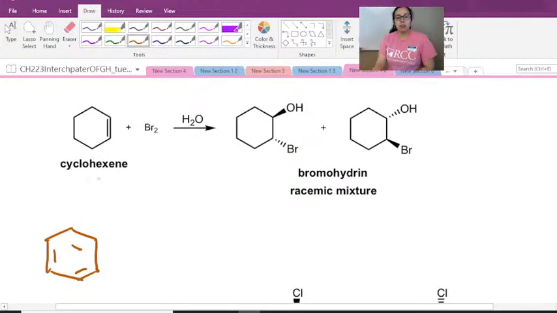You could do this bromination, and then if you do a hydration to this, instead of adding 2 bromines, what you get is 1 bromine. So then you would make your intermediate. Just like before, the water has to add from the opposite side. Depending on which side it goes to, you get the racemic mixture of either OH is up if it goes from the bottom, or the OH is on the bottom if it comes from the top.